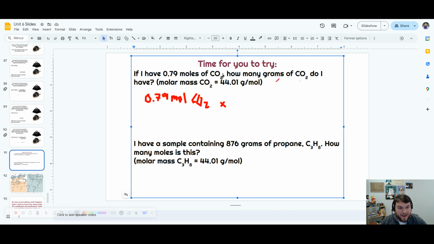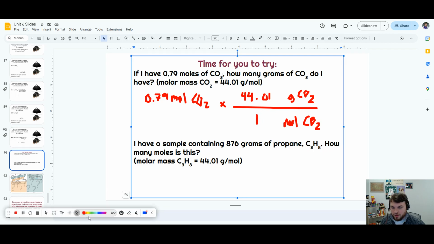I want to get to grams of CO2, so I put my grams of CO2 on the top. That means I'm going to put my moles of CO2 on the bottom, right? Because I want those units to cancel out. And when I look at grams of CO2 per moles of CO2, that is molar mass. And so that is going to be 44.01 grams of CO2 for every 1 mole of CO2.